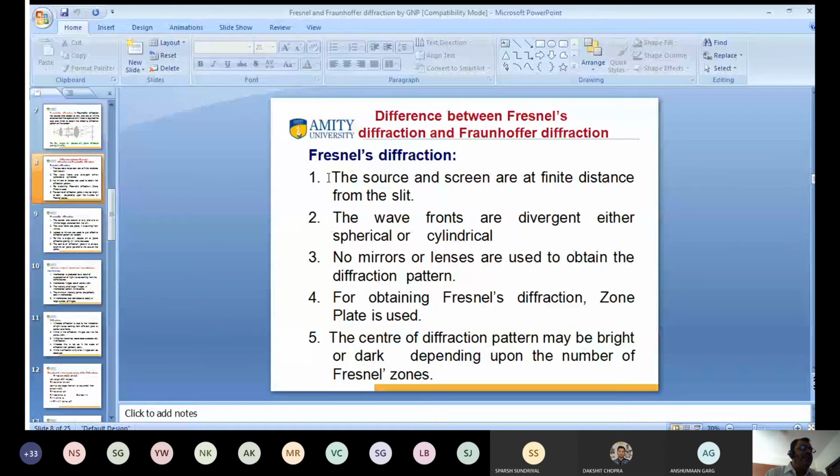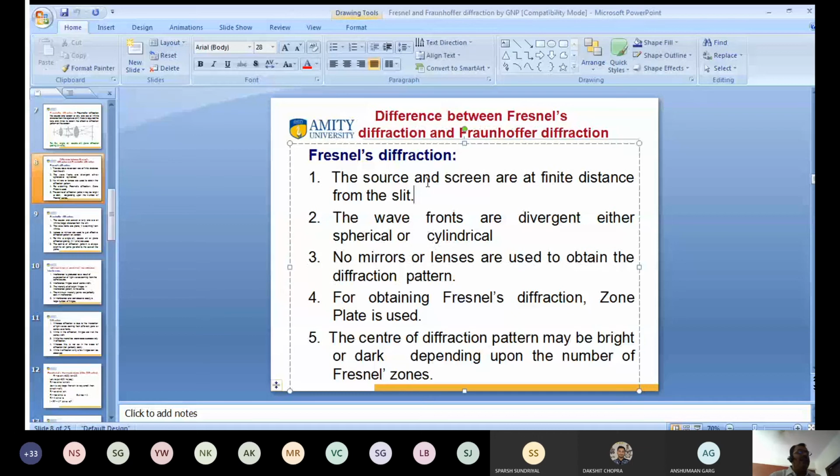So in Fresnel diffraction, the distance is finite, but in Fraunhofer, it is a large distance. In Fresnel, the wave fronts are divergent, meaning this type of wave front, cylindrical and spherical. But in Fraunhofer, it is plane.